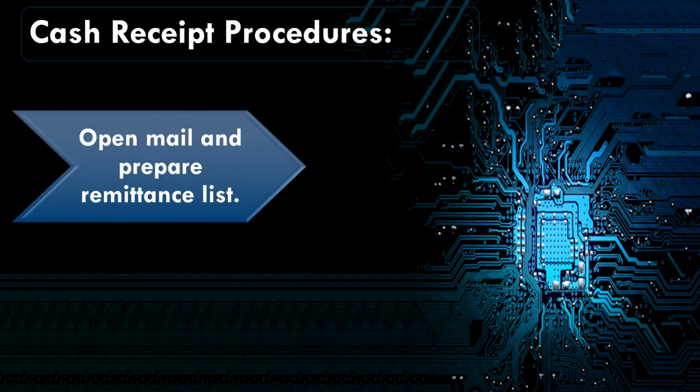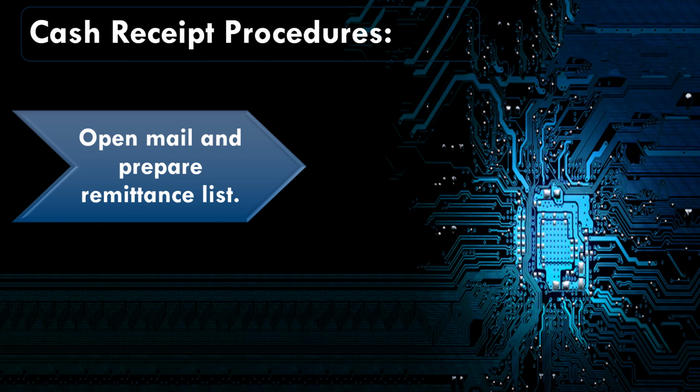So when we receive the cash, we need to prepare a remittance list, especially when we receive cash from one customer for multiple invoices. So the customer did not pay the cash for one single transaction, but for more than one transaction.